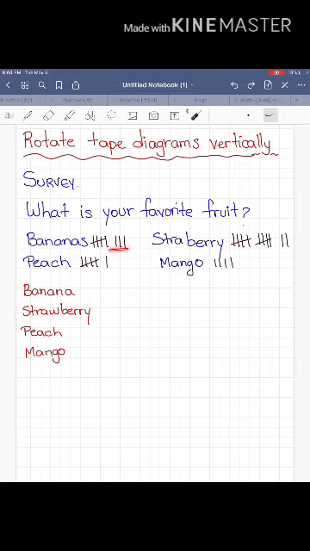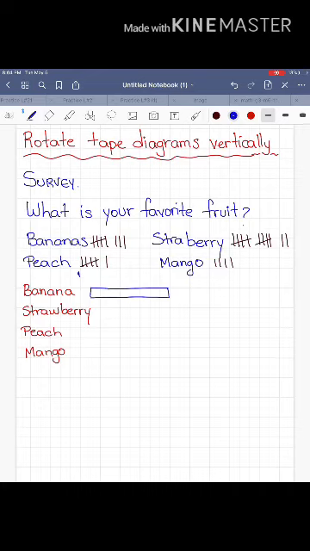So in this case, how many bananas do I have? Remember, this is 5, and 3 more, that will make it 8. So we're going to draw a tape diagram that shows 8 bananas. Each one of these is going to have a value of 1. So 1, 2, 3, 4, 5, 6, 7, 8.